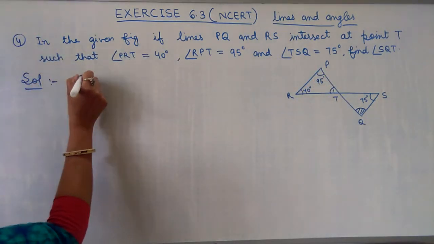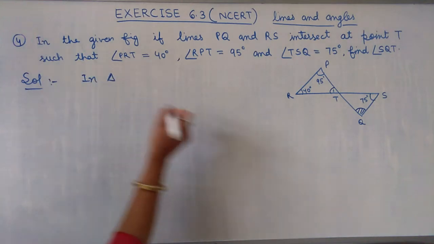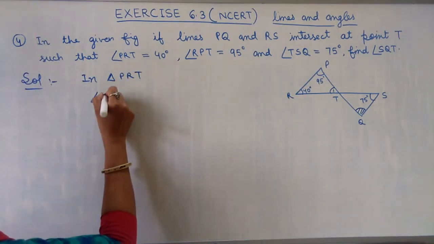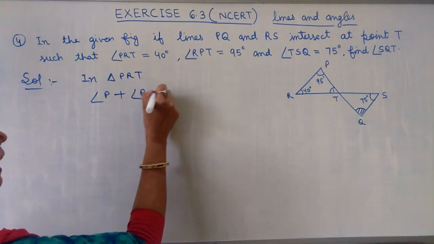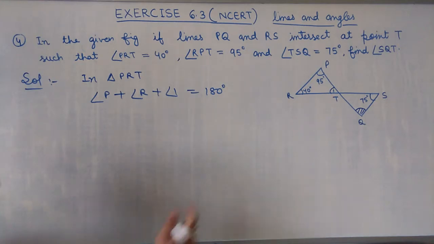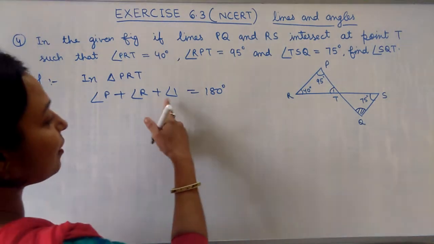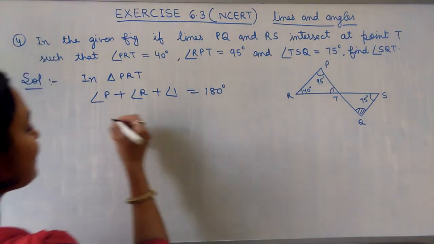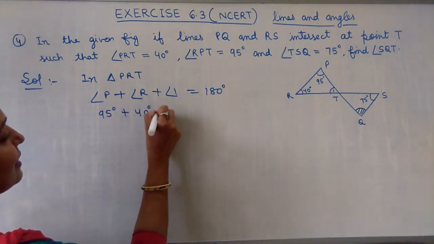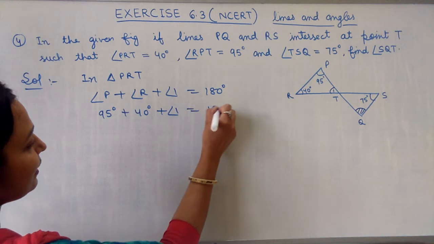By angle sum property in triangle PRT, angle P plus angle R plus angle 1 is equal to 180 degrees. By using angle sum property, I will solve for the value of angle 1. 95, that is angle P, 95 plus 40 plus angle 1 is equal to 180 degrees.